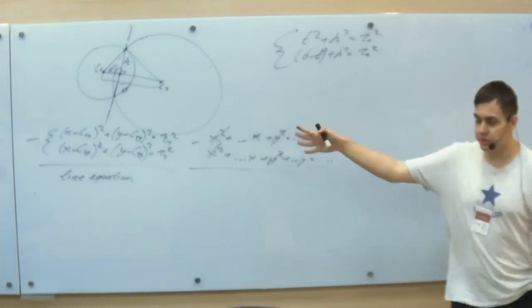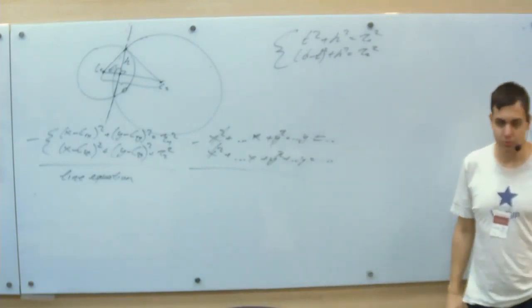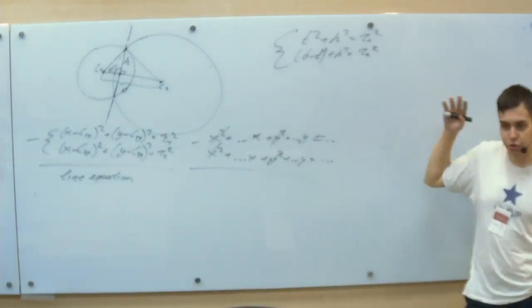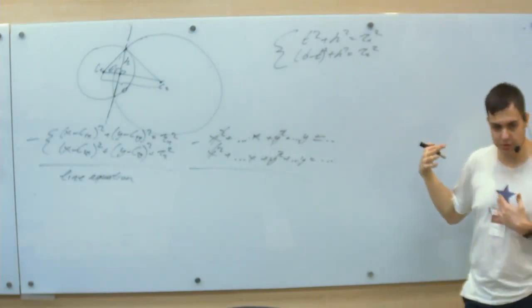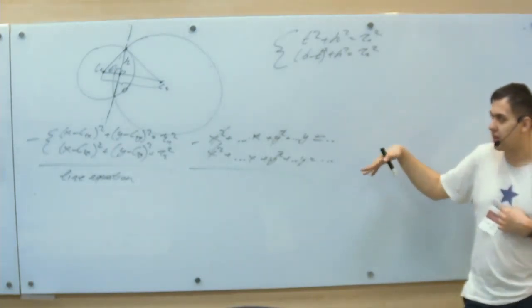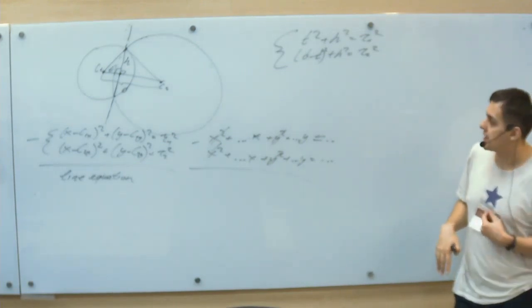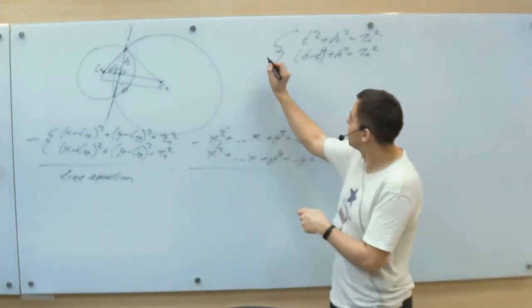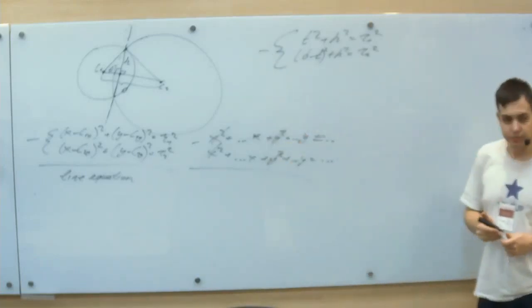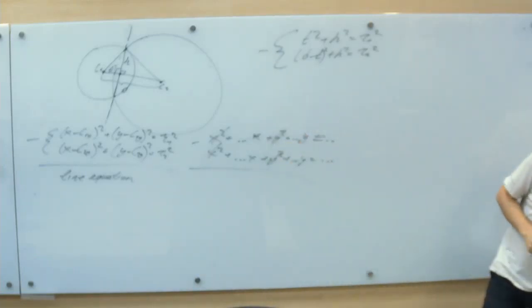So introducing these two variables, we still have a system with two variables and two unknowns, but we can easily express t from this equation. So let's subtract these two equations. So what do we get?